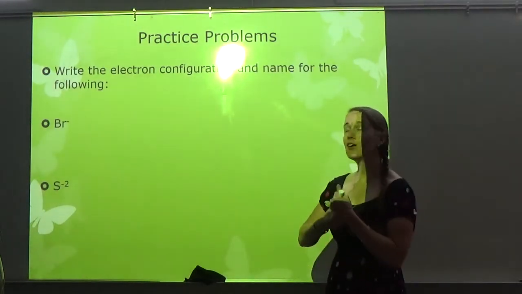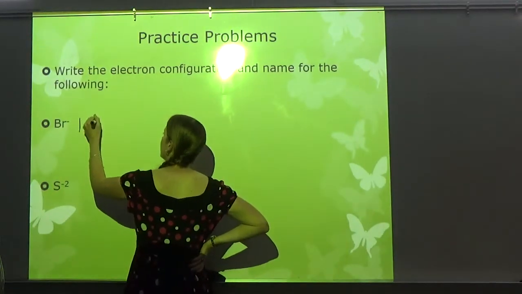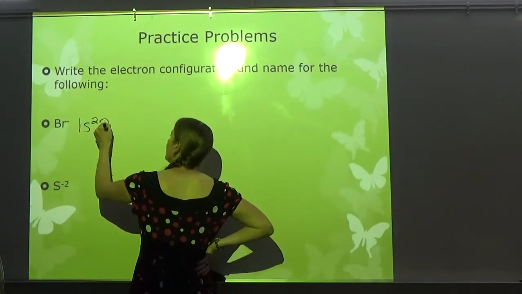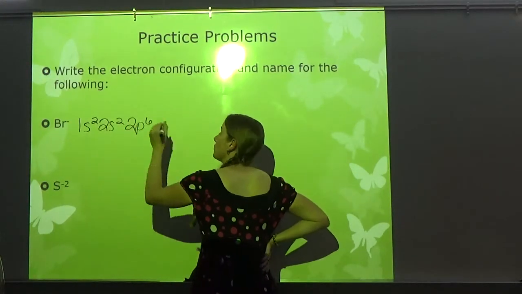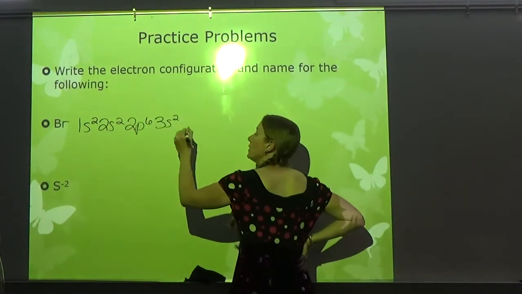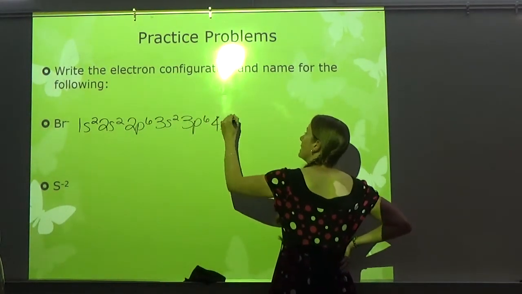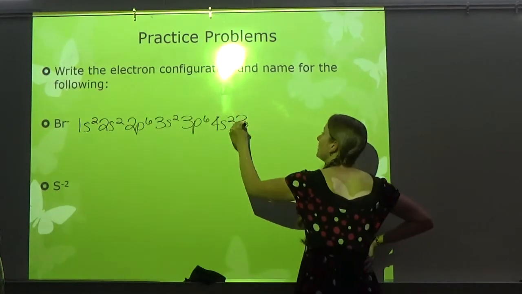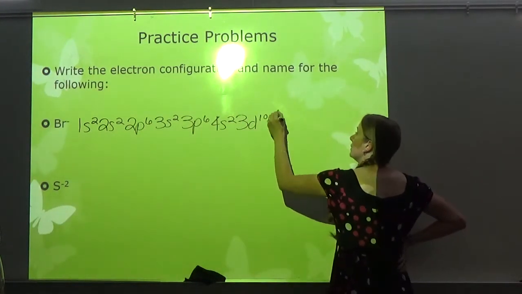First let's do Br, just as an element. I'm going to start at hydrogen, so I have 1s2, lithium, 2s2, boron, 2p6, sodium, 3s2, aluminum, 3p6, potassium, 4s2, scandium, 3d10, and gallium, 4p.